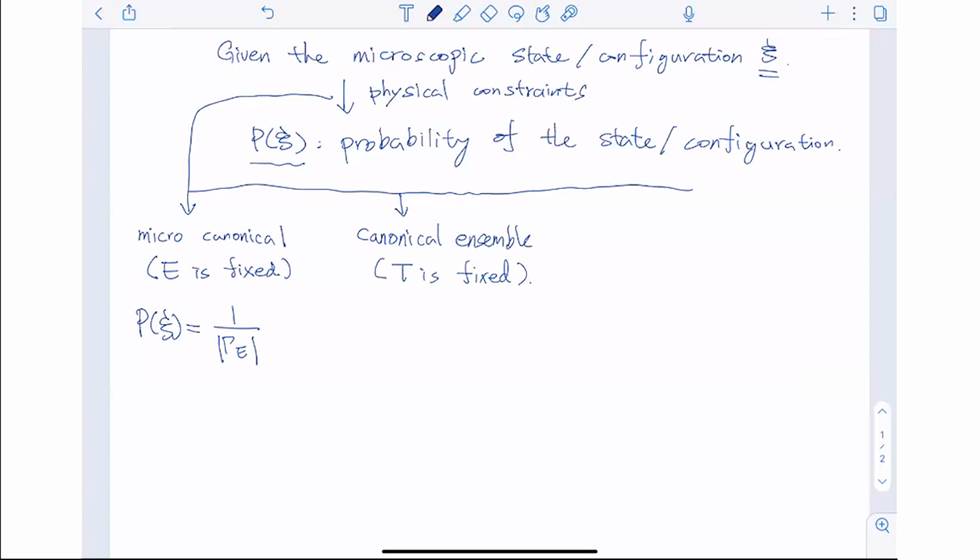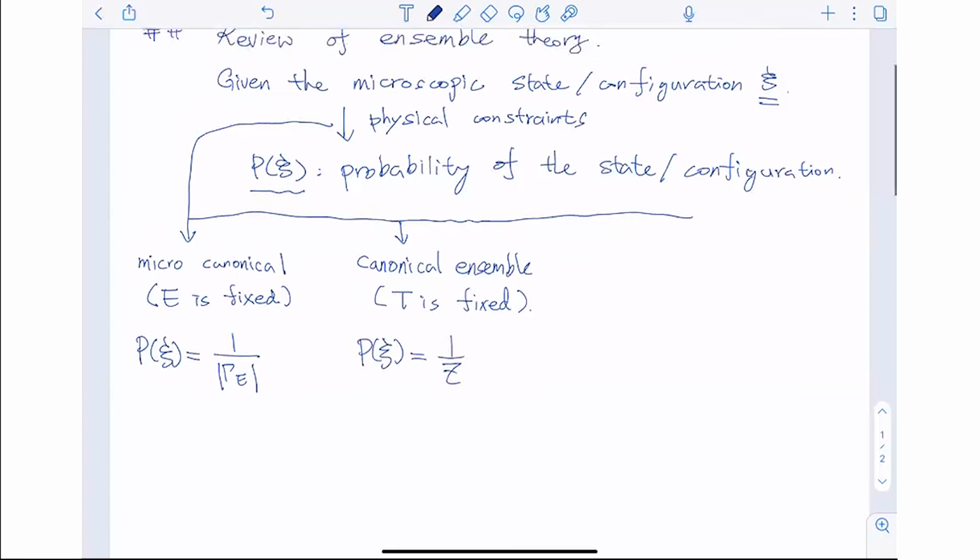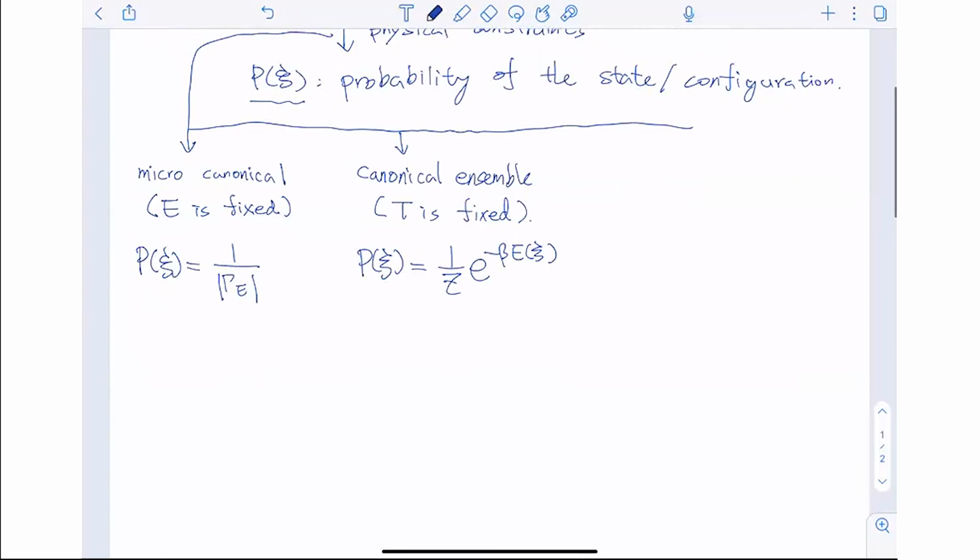And we ask, what is the probability for the microscopic configuration? It turns out we found it is proportional to the Boltzmann factor. Here, E(C) is the corresponding energy for the microscopic configuration.